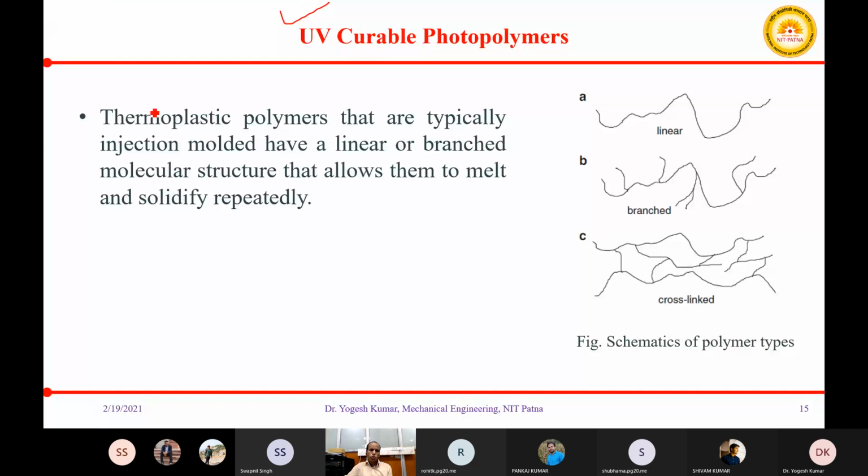The thermoplastic polymers that are typically injection molded have a linear molecular structure, as well as a branched molecular structure, that allow them to melt and solidify repeatedly. Those who have gone through a material science course during your engineering graduation days might have heard about thermoplastic polymers.